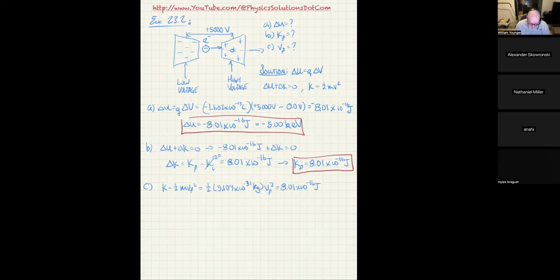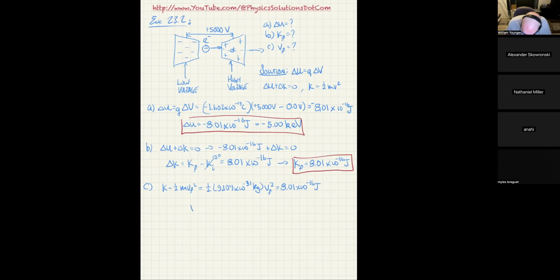So if I multiply 8.01 times 10 to the negative 16th by 2, and then divide that by 9.109 times 10 to the negative 31, I get 1.75 times 10 to the 15th.